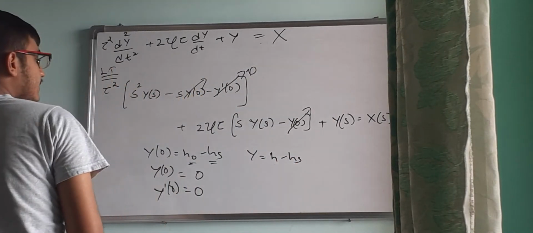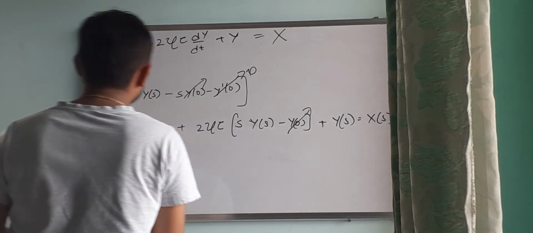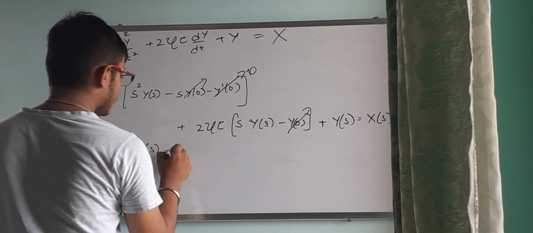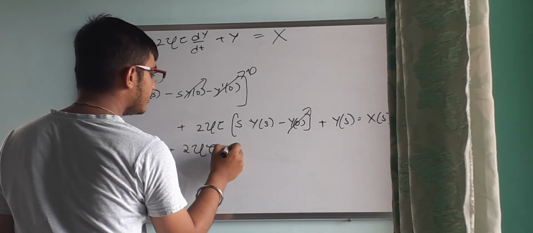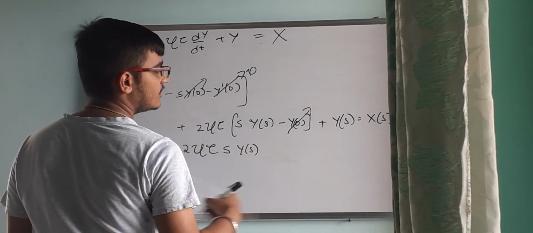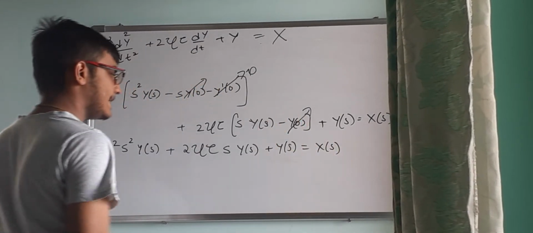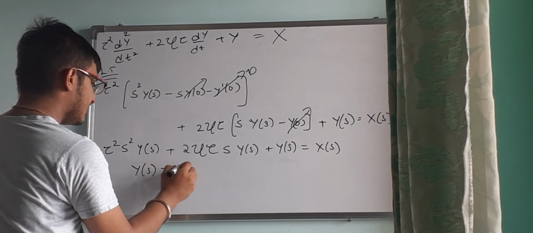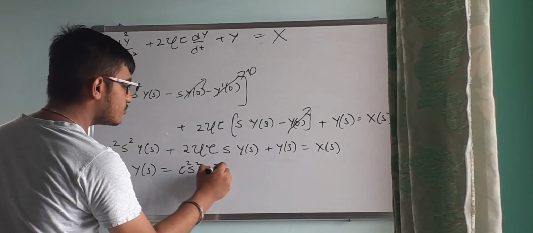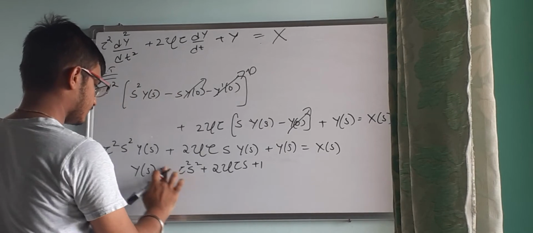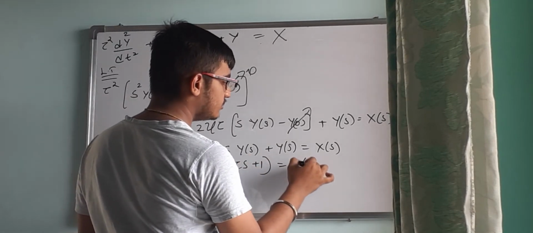So the remaining terms are tau square s square Y of s plus 2 zeta tau s Y of s plus Y of s is equal to X of s. Taking Y of s common, tau square s square plus 2 zeta tau s plus 1 is equal to X of s.